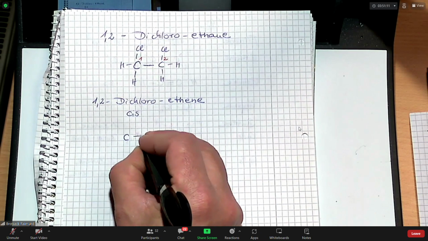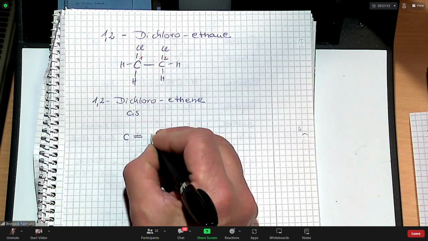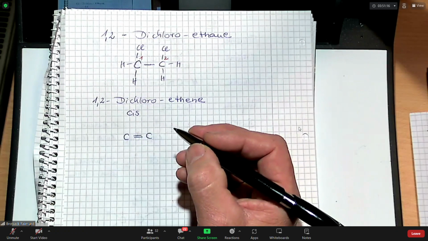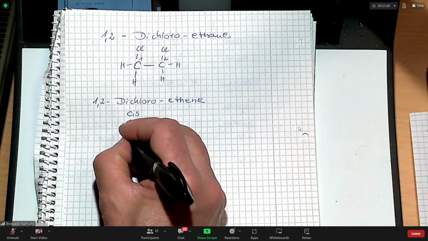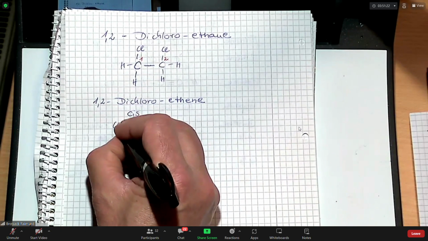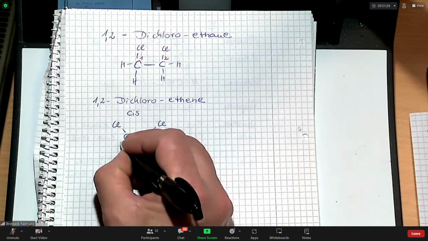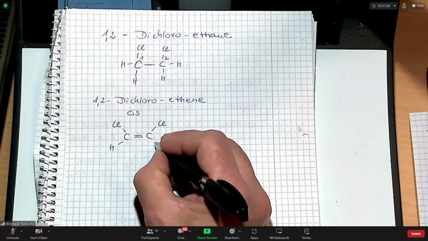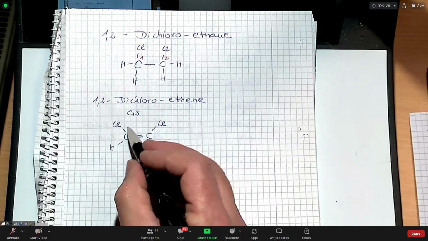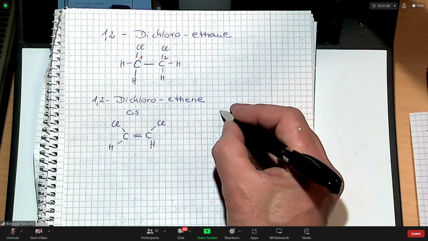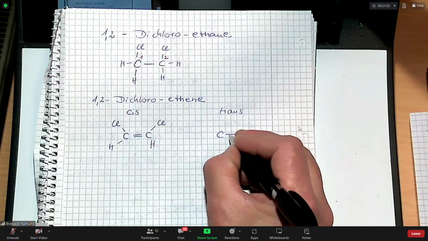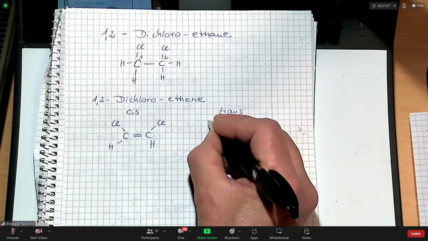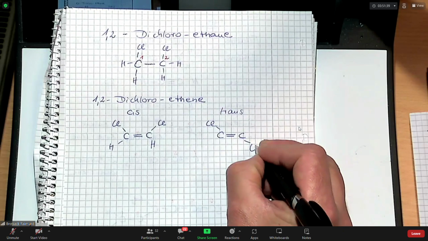Now we have a double bond, and the double bond fixes the rotation. We can't rotate. So it makes a difference if the two chlorine heteroatoms are on the same side, the cis one, or on opposite sides, the trans one, one on the top and one on the bottom.